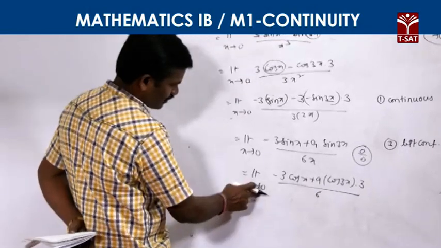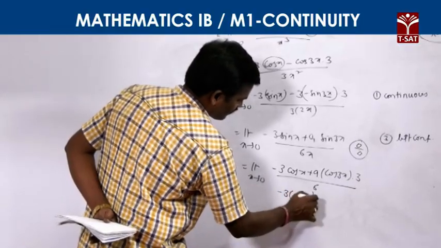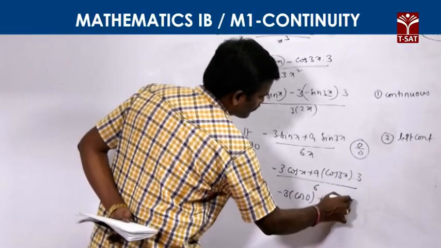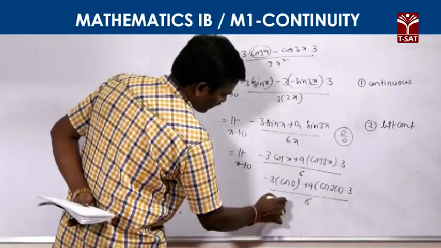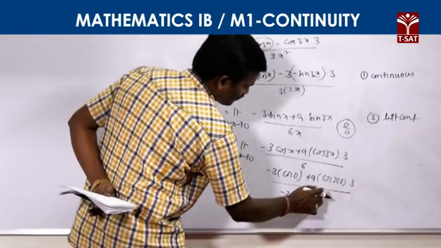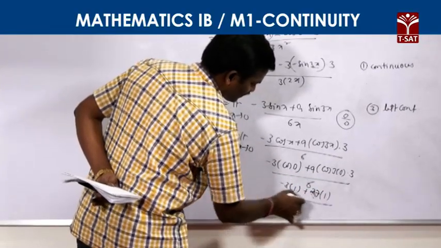So substitute x equals 0 in the given function: minus 3 into cos 0 plus 9 into cos 3 into 0 into 3 by 6. Cos 0 value is 1, so minus 3 into 1 plus 27 into 1 by 6.